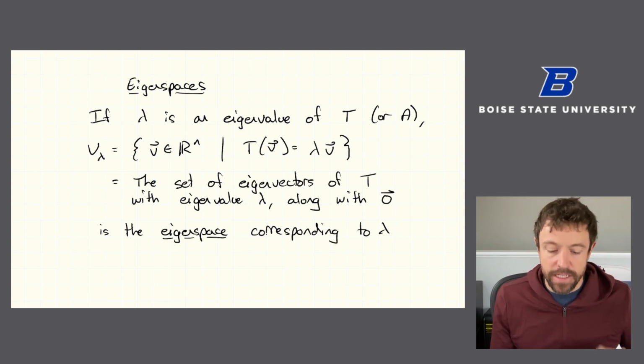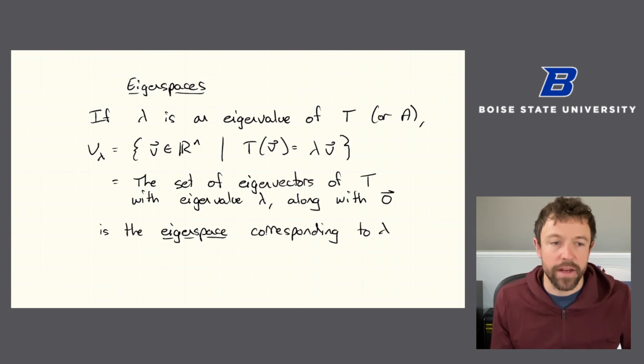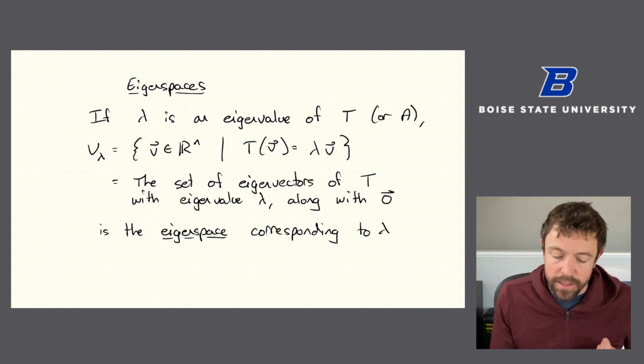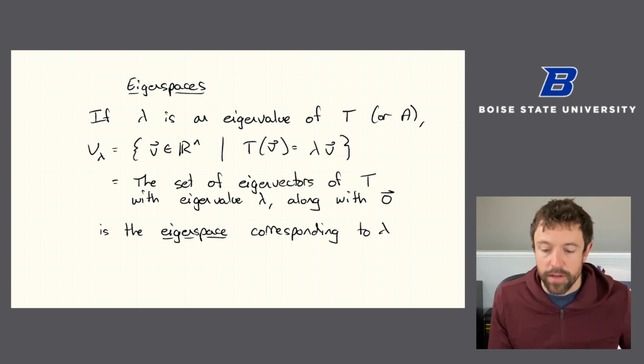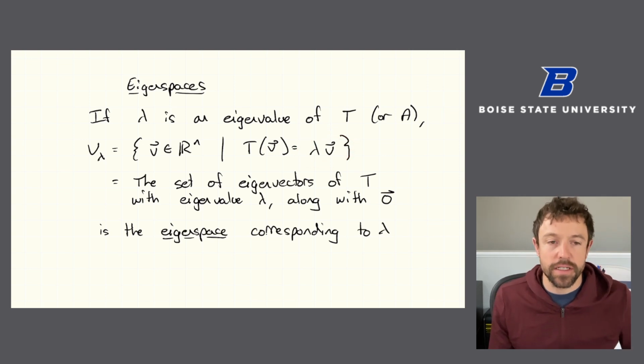The idea here is that 0 can't be an eigenvector for good reason. Otherwise, everything would be an eigenvalue. But the 0 vector always satisfies the property that a linear transformation takes it to any multiple of itself because it always just gets mapped to 0. So the eigenspace is all of the eigenvectors of the linear transformation or matrix along with the 0 vector.